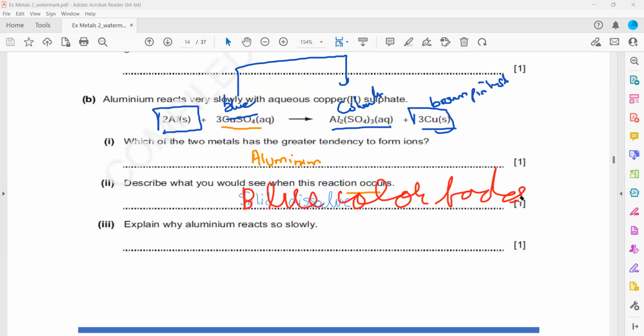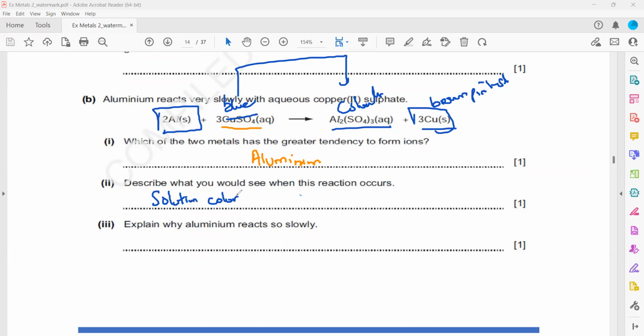So the best observation, the best thing you will write here, is to mention the colour: the blue colour disappears, or the solution shows a colour change from blue to colourless. That is one basic observation. And then, when aluminium is added to this, it forms copper, so we'll say a brown or pink solid forms.